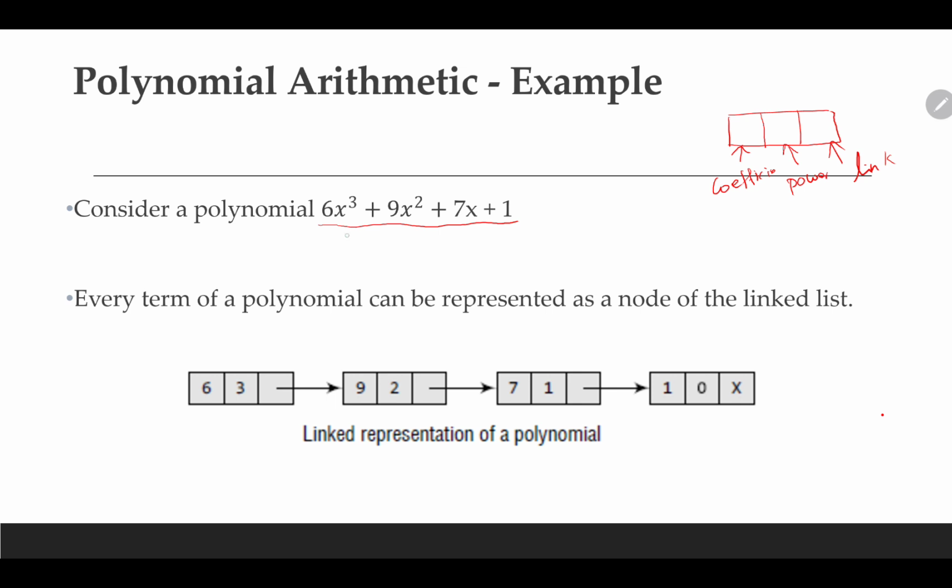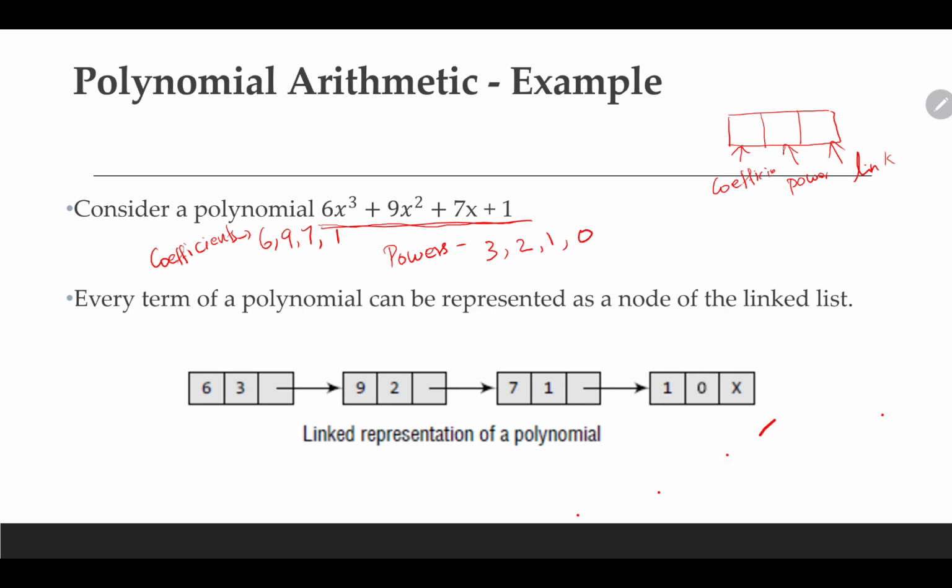As per this polynomial, what are the coefficients here? The coefficients are 6, 9, 7 and 1. And what are the powers here? The powers are 3, 2, 1 and 0.